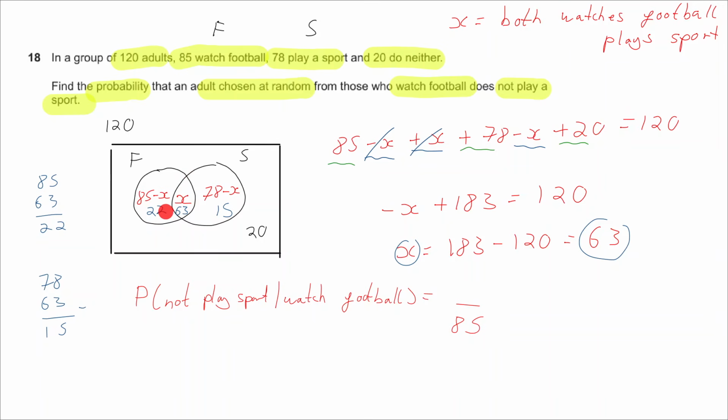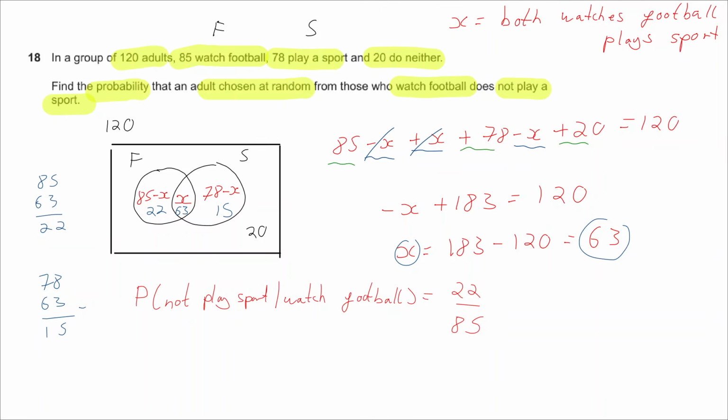So it must be 22 out of 85, because this number here is not playing a sport. This is just watching football. And the total who watch football is the whole thing here, these added together. This is actually worded quite difficultly, so you might have to think about that a little bit more.